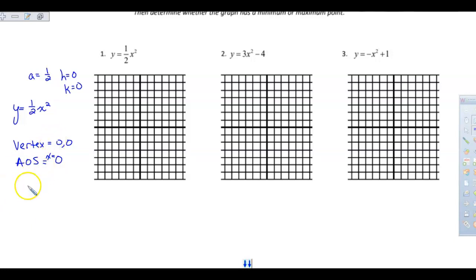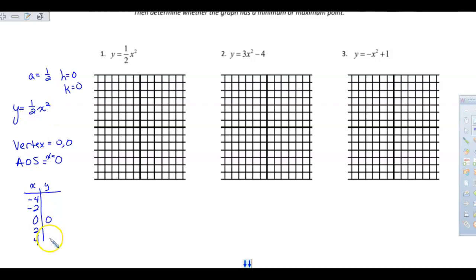I need to come up with 5 points. Since I know the vertex is at 0, 0, that makes it easier. So I have my x and my y, and I know we're going to have 0, 0. Because it's a fraction, for x I'm going to use multiples of 2. So I'm going to use -2, -4, 2, and 4. 4 squared is 16.